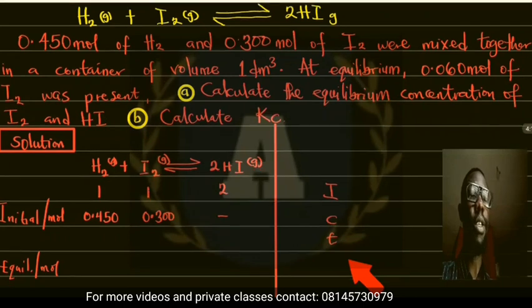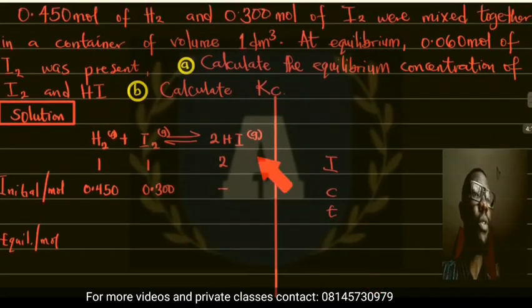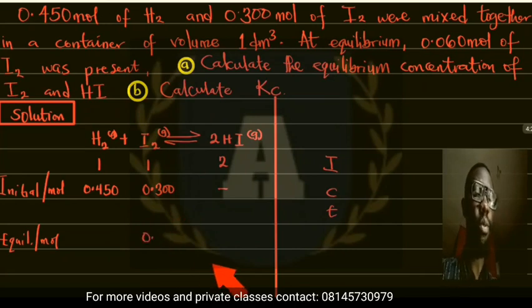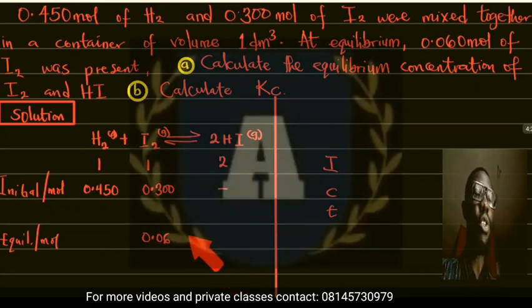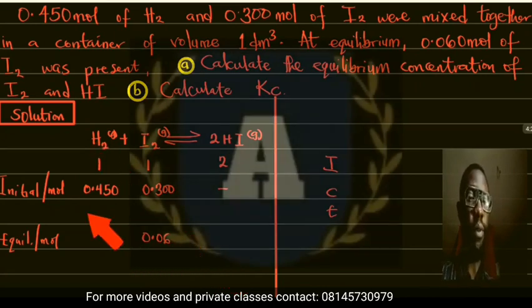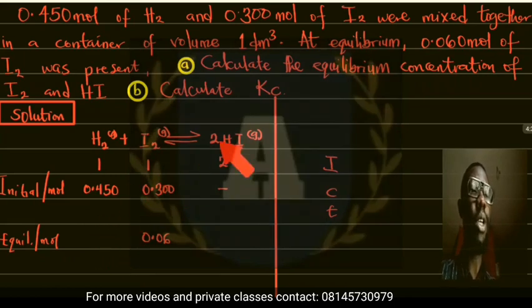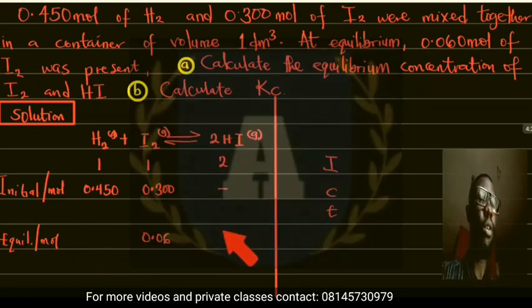So we have to write the equilibrium mole of iodine, which is 0.06 mole. Now we don't know the value for the equilibrium mole of hydrogen, neither do we know the value for the equilibrium mole of hydrogen iodide, but meanwhile we can easily calculate that.